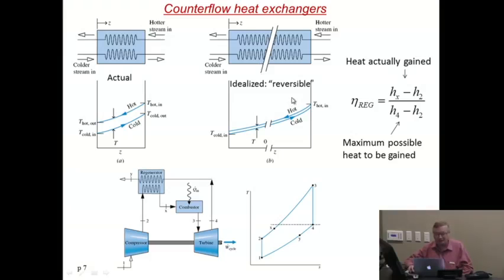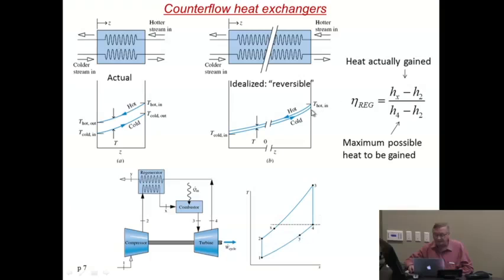Now, a real heat exchanger is not exactly like that. There is an efficiency to the heat exchanger because you have a certain difference. So here is along the length of the heat exchanger the temperatures. The cold air comes in here, the hot air goes in here, but by the time you're at the exit, this point here corresponds to this flow here, it's a little bit colder than the temperature of the air in.